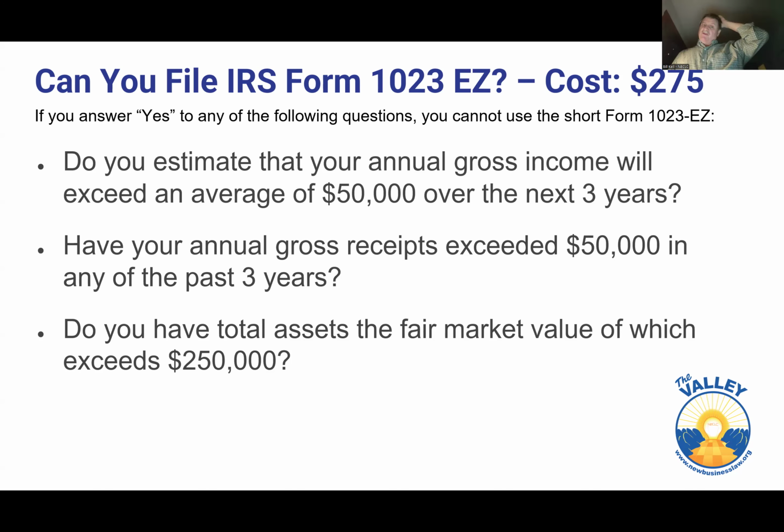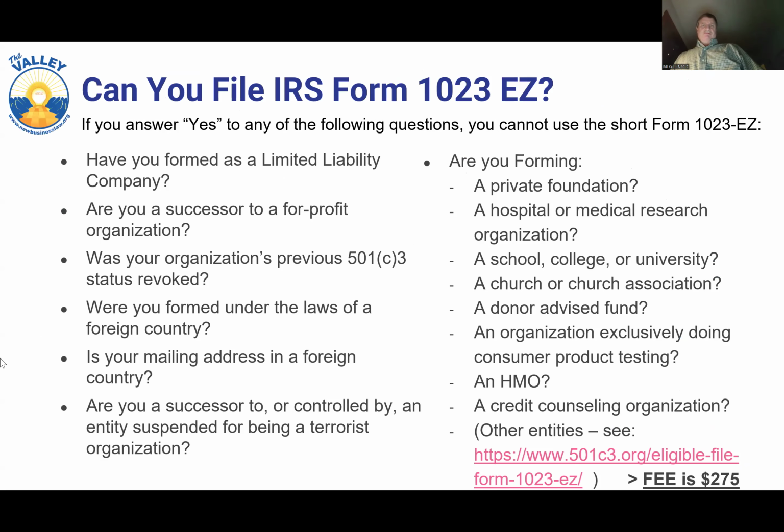So there are a few other exclusions. Certain organizations can't do the 1023 easy. We don't have to go through them all, but I guess pull out a few of the more salient ones, if you would. For example, if you're a limited liability company, or you're operating or formed in a foreign country, if you're forming a hospital, school, or church, and if your previous status has been revoked.